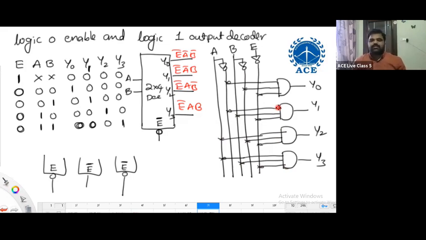What is remaining? 2 more: logic 1 enable, logic 0 output decoder, and logic 0 enable, logic 0 output decoder.